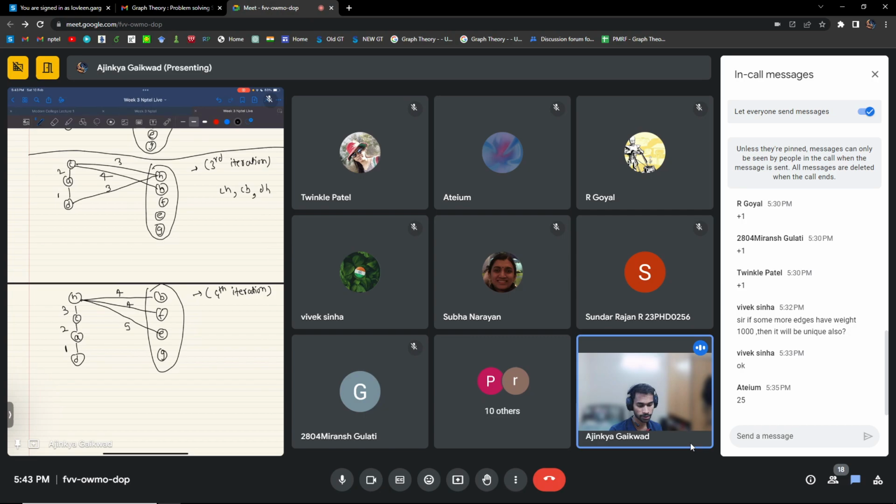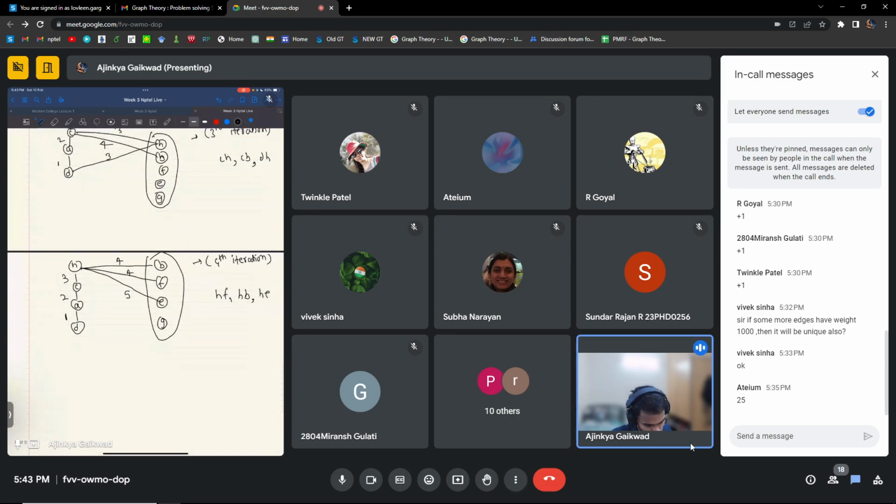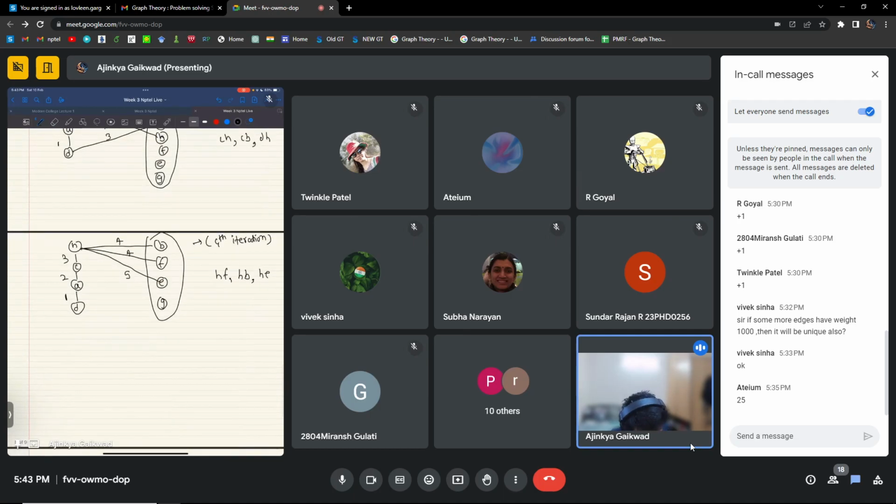Now, as you can see, there are two edges with minimum weight, which are HF and HB. HE has larger weight, so it doesn't matter which one you pick. You just arbitrarily pick which one you like. So let's say I pick HB here. So now I will have HB in my minimum spanning tree, and the rest of the edges are here.